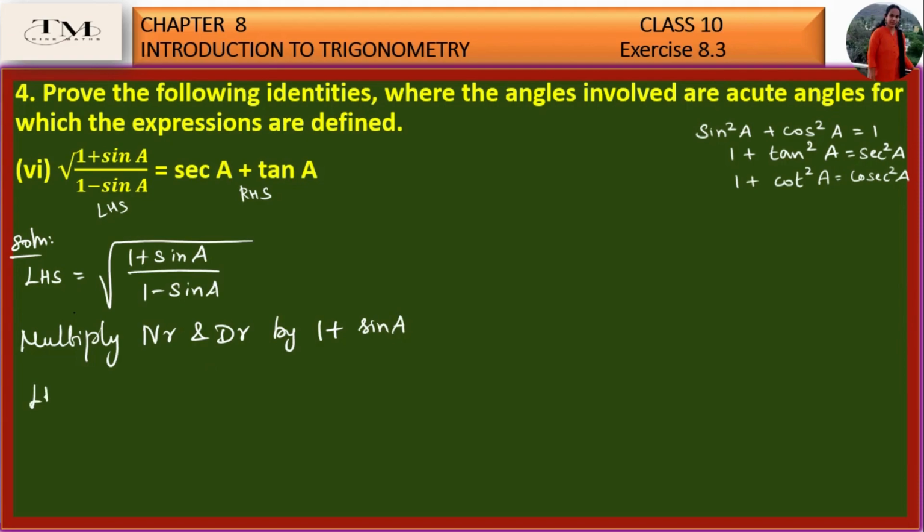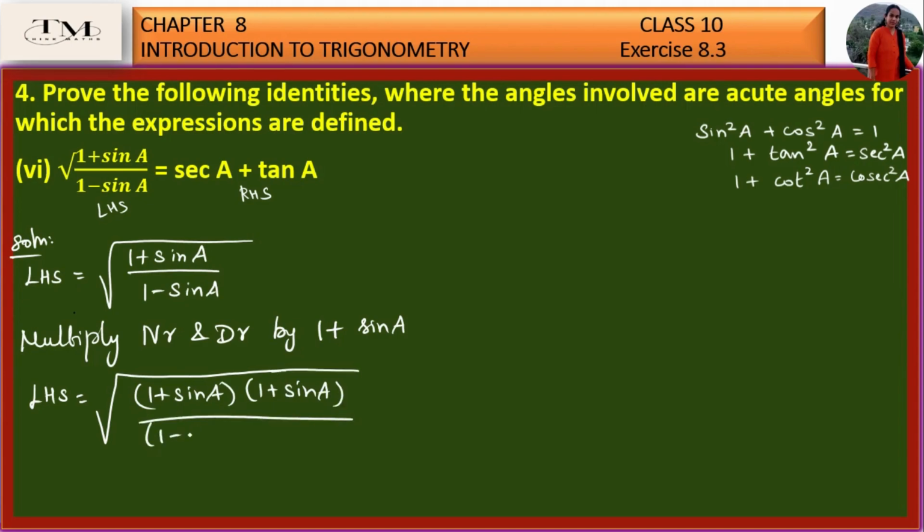So LHS will be equal to square root of (1 plus sin A into 1 plus sin A divided by 1 minus sin A into 1 plus sin A). Always in maths, if you are doing some extra calculation, you have to do it in both the numerator as well as the denominator, or on both sides.